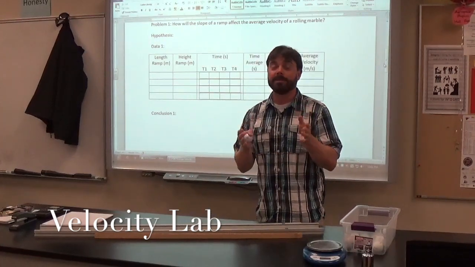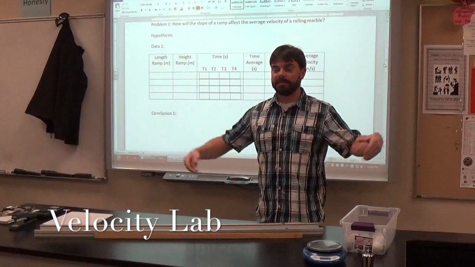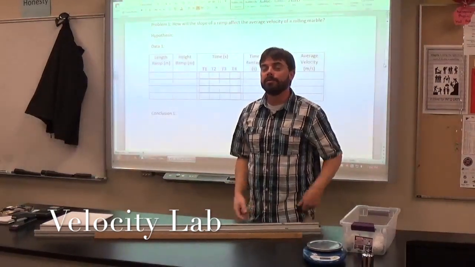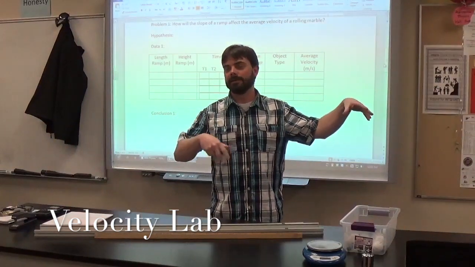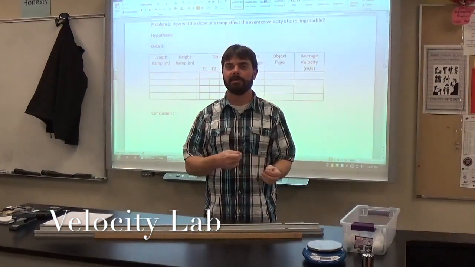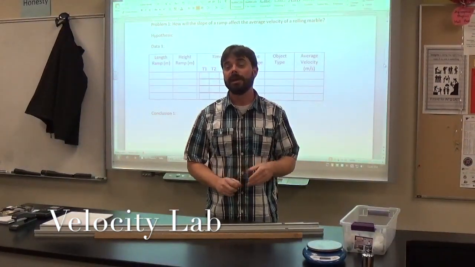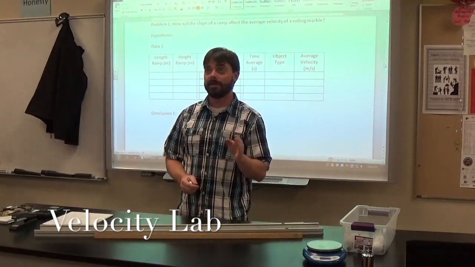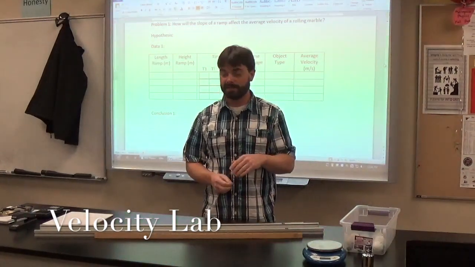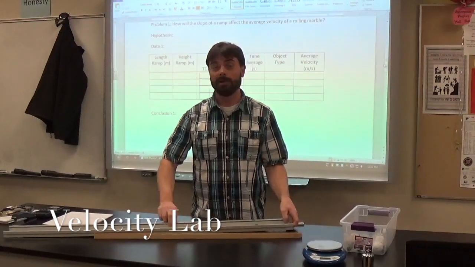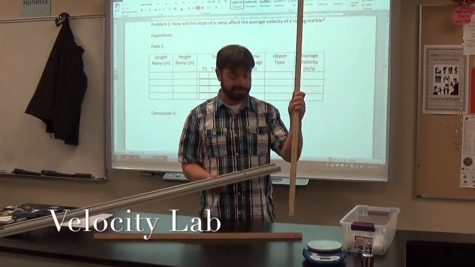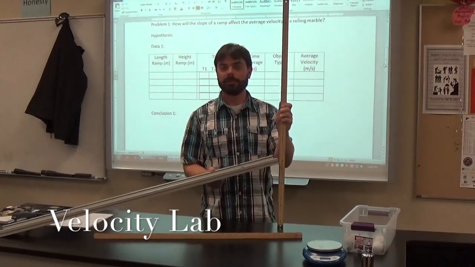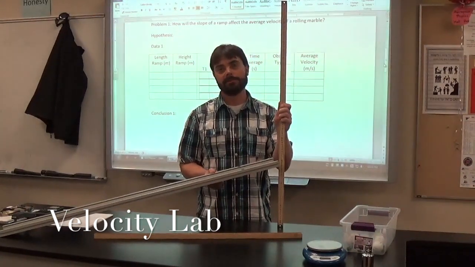If you guys are feeling adventurous and you want to take this to a much larger scale, you could do this outside. If you had a long hill or your sidewalk or someplace outside and you wanted to roll an object, you could do that. The only thing that you have to consider is you still need to measure the total change in height. If you use a small object such as a ramp, it's pretty easy to just lift up one end of the ramp and set a ruler or a meter stick there to figure out the height.